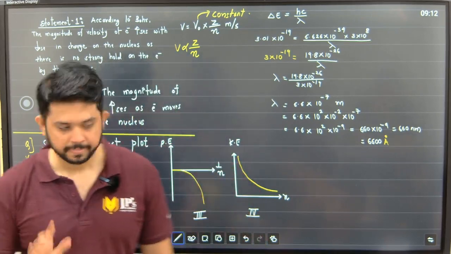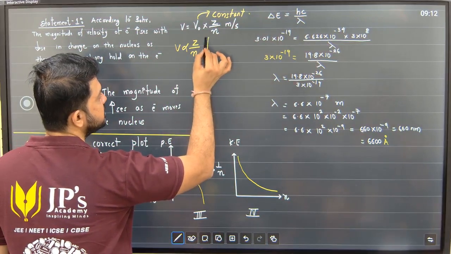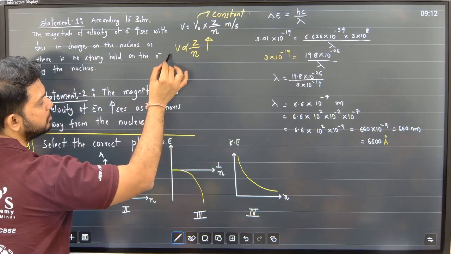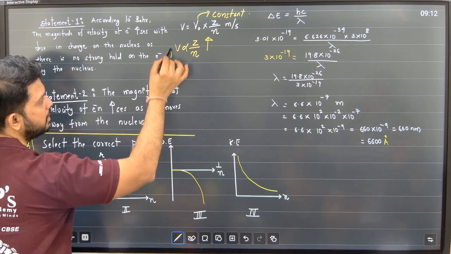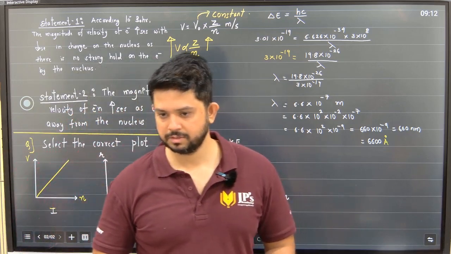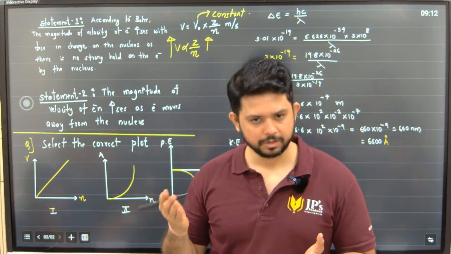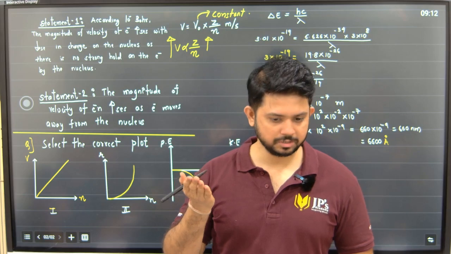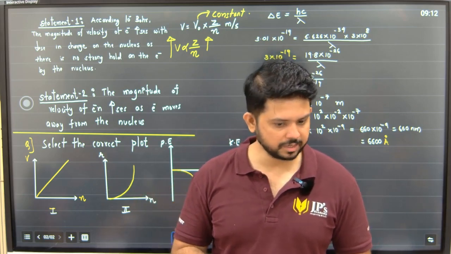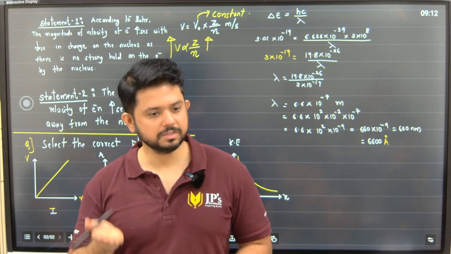Yes or no? So if the charge on the nucleus increases, basically if Z increases, what should happen to the velocity? The velocity will also increase. Yes or no? There is direct proportionality between the two. If you increase the charge on the nucleus, which means there are more protons inside the nucleus, the charge on the nucleus will increase.